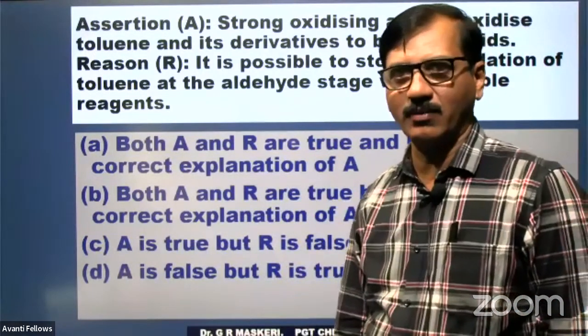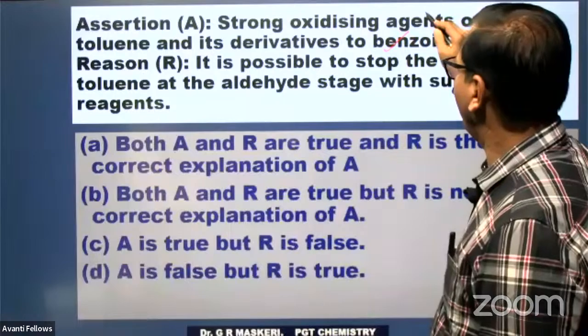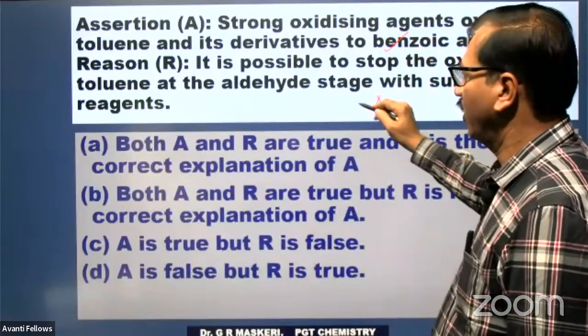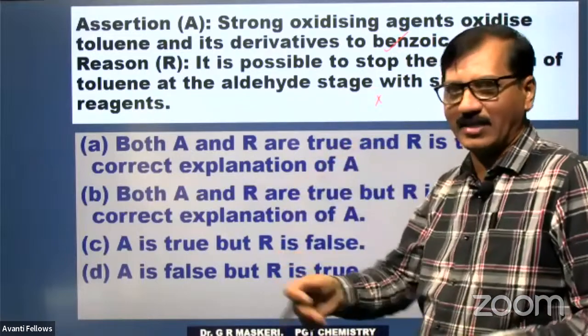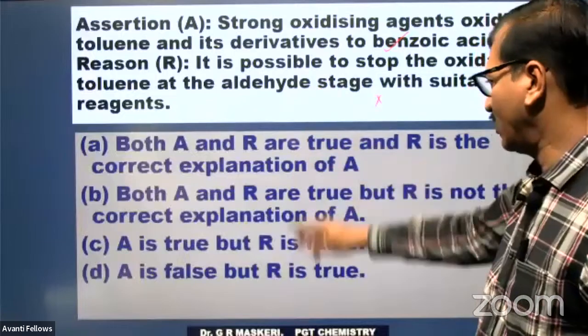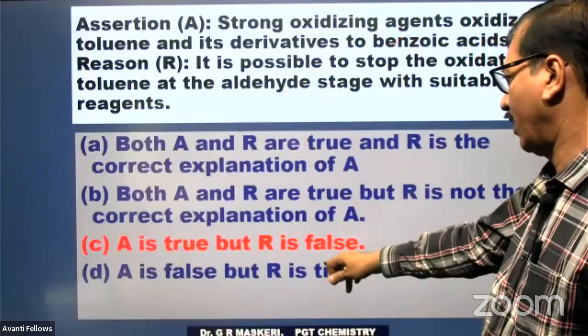Whether both the sentences are correct. Option B, sir. Toluene is converted into benzoic acid, this is right. But the reason is wrong, because with a strong oxidizing agent we cannot stop at the aldehyde. So R is false. This is the answer.